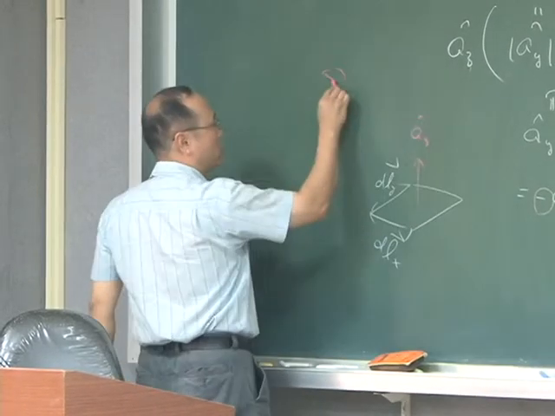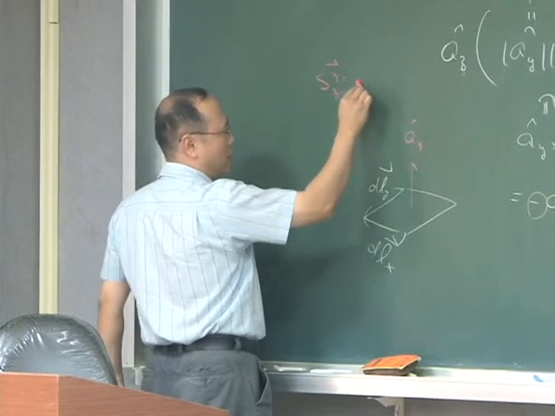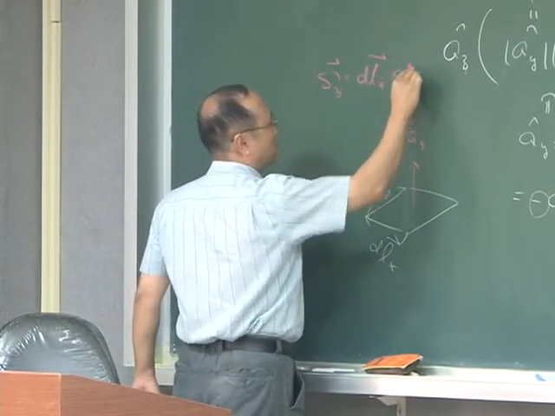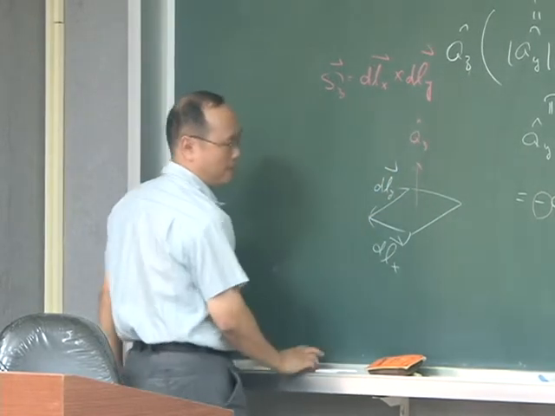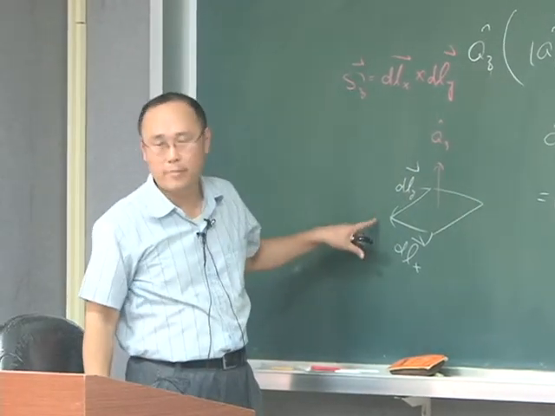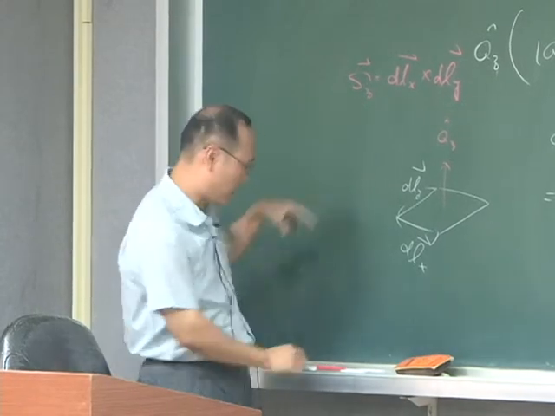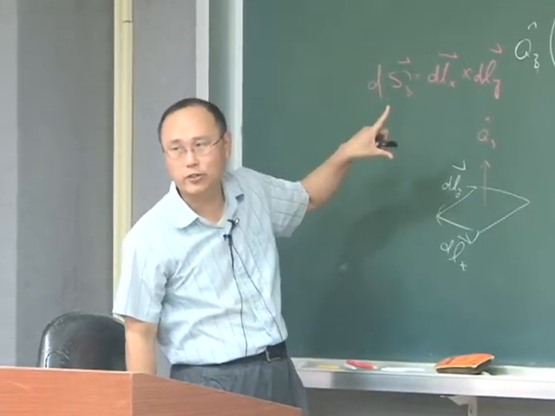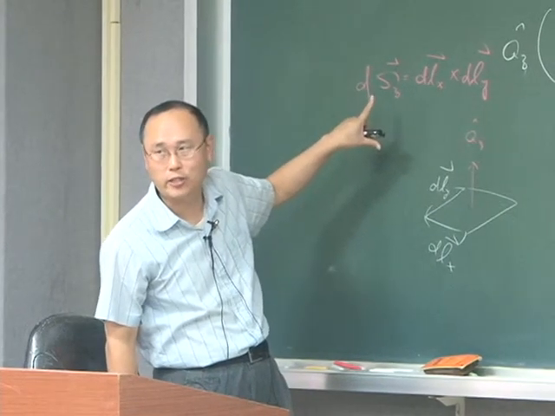So you construct dsz equal to dlx cross with dly. The same thing, you can construct the differential surface along the x direction, along the y direction, and so on.